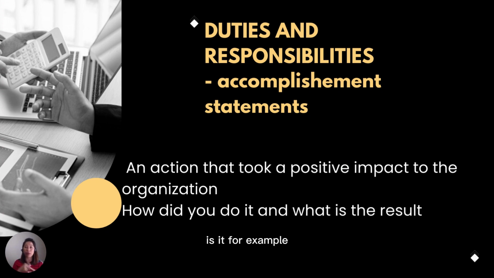For example, Manila, Philippines, or Vancouver, BC. That's it. And then below that phrase, you can indicate the period of your employment. So how do you write your duties and responsibilities? You just need to put an action that had a positive impact on the organization.